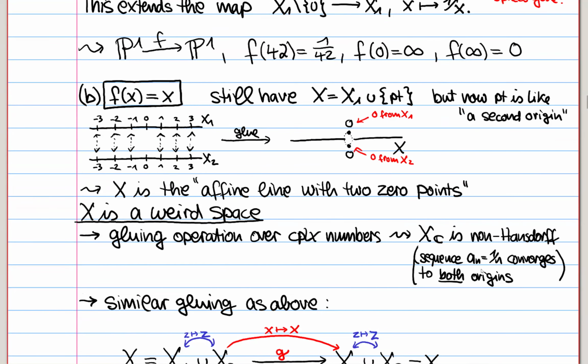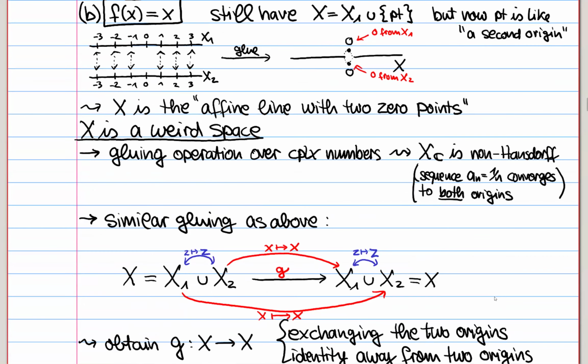For example, the sequence a_n equals 1 over n converges, and you can see it converges to both origins. Whenever you take a small open neighborhood of the origins, you can always find sufficiently high n such that these points are in there. So the sequence has a non-unique limit point, and this shows this is not a Hausdorff space. So that's one way in which it's not nice.